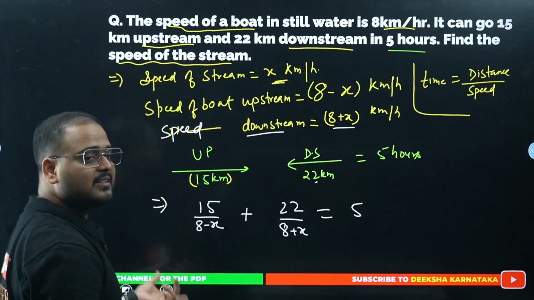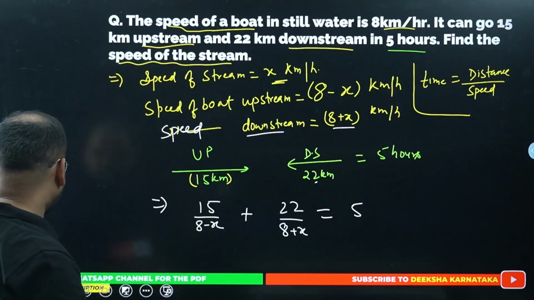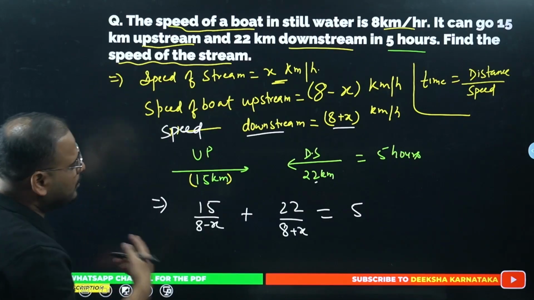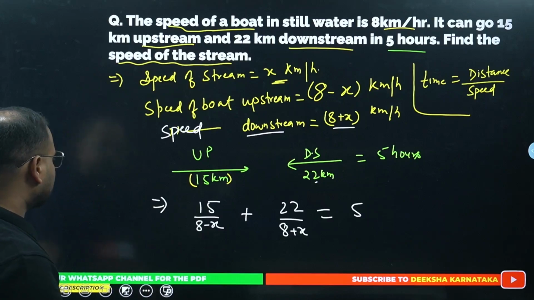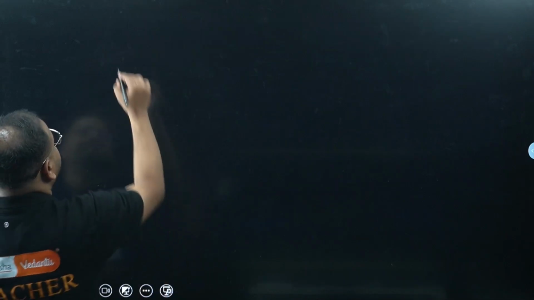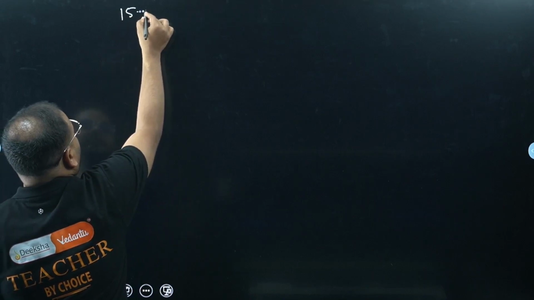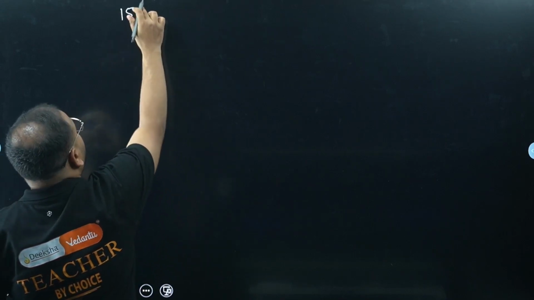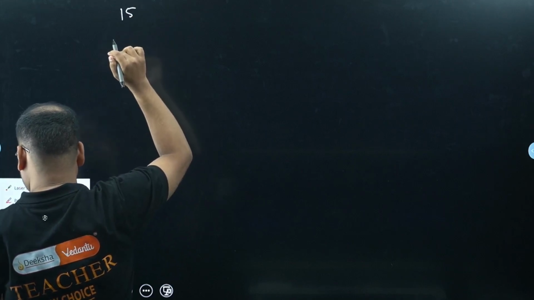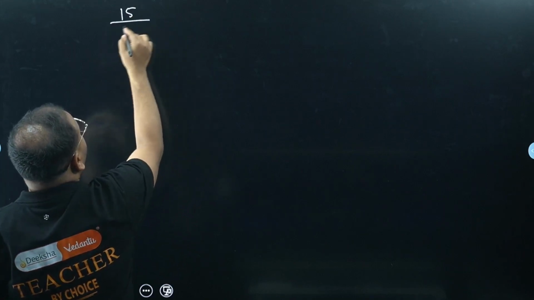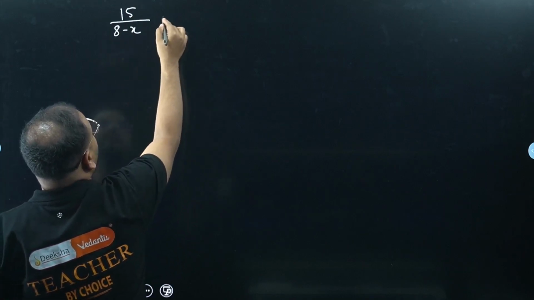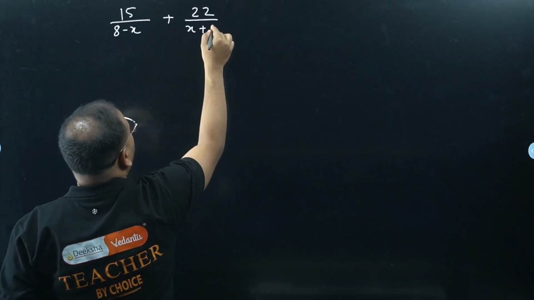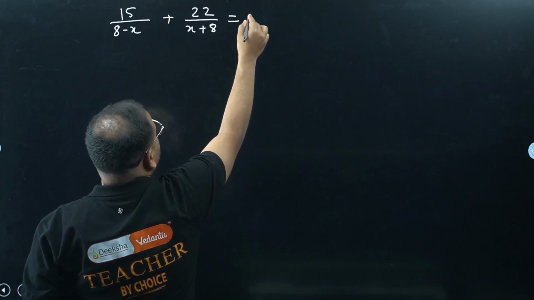Now I will simplify this and solve this. Can I simplify it one step here only? No, we shall do the next step only. So 15 upon 8 minus x plus 22 upon 8 plus x is 5.